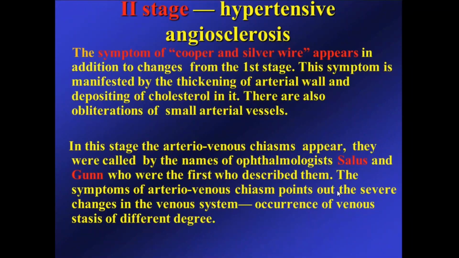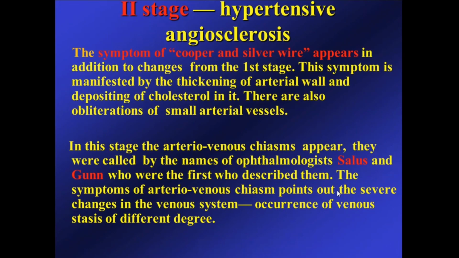The second stage, hypertensive angiosclerosis. In this stage, we can see anatomical changes of the vessel system. As in the first stage, we can see just physiological changes, just spasm. Second stage is the organic changes.